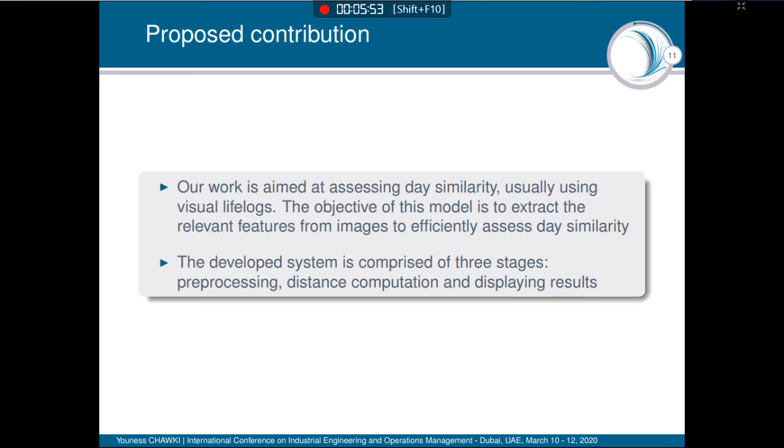For the proposed contribution, we're interested in assessing the similarity of the days. So the objective of our model is to extract the relevant features from images to efficiently assess the similarity. The developed system is comprised of 3 stages. The first is pre-processing, the second is distance computation, and the third is displaying results.